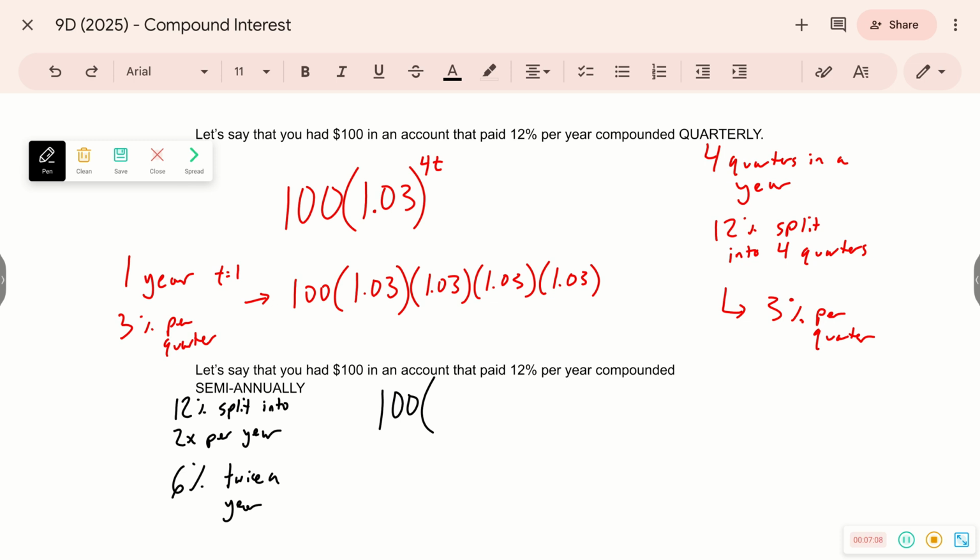The 12% is split, so we get 6%, so that's going to be 1.06. Semi-annually, so there are 2 semi-years in a year, so that'll be raised to the 2t power. Again, t is always our years.